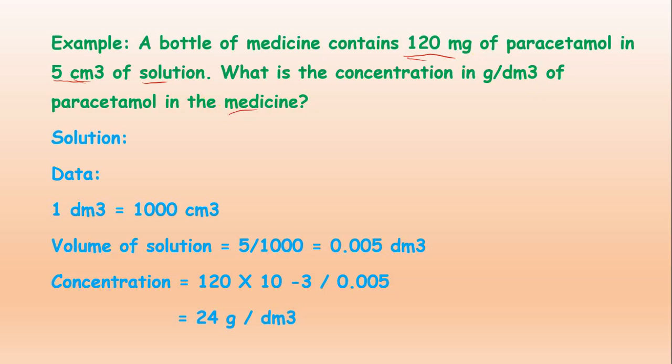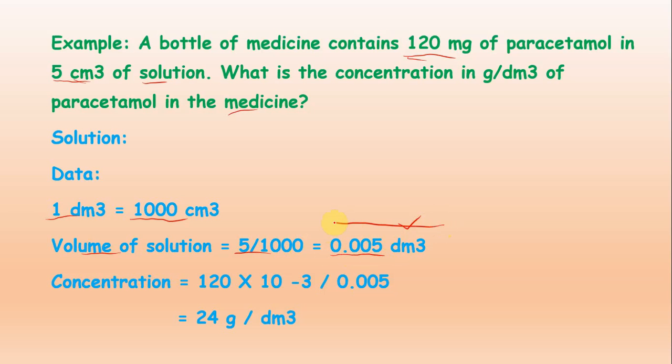First of all we have to write the data. 1 dm cube is equal to 1000 cm cube, as we know. So we have to convert the volume first: 5 cm cube divided by 1000 will be 0.005 dm cube.